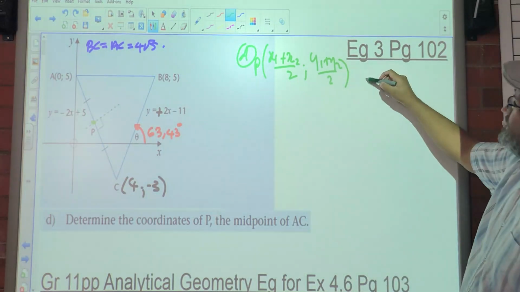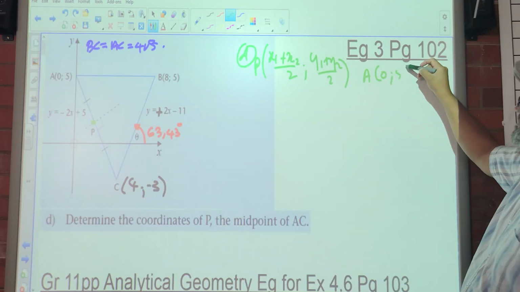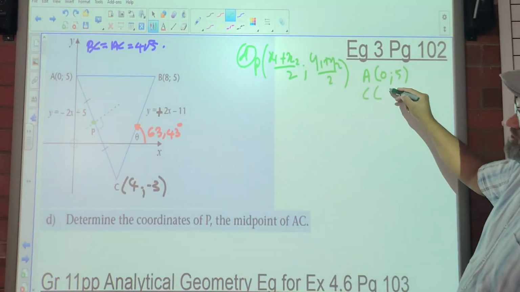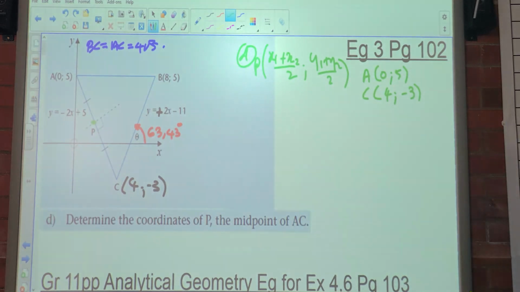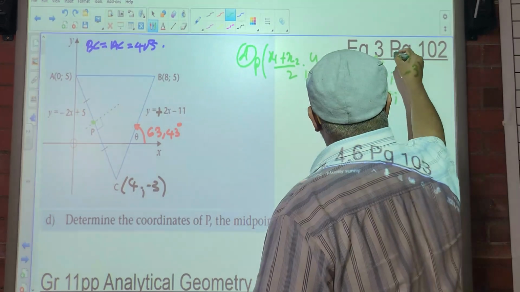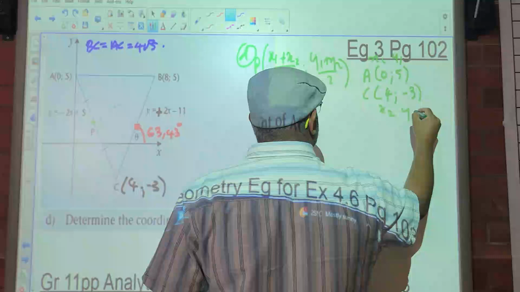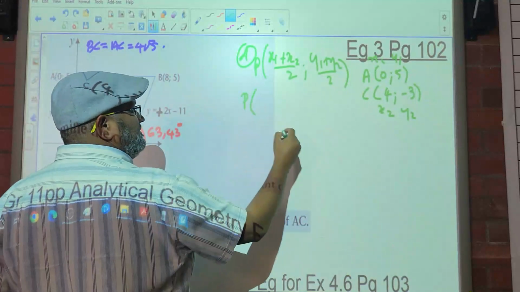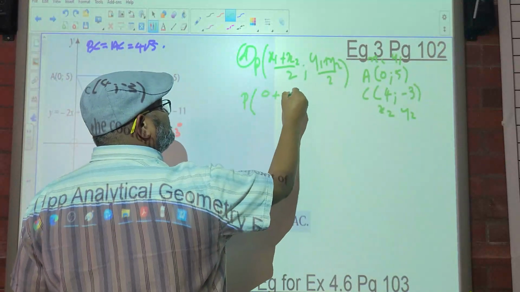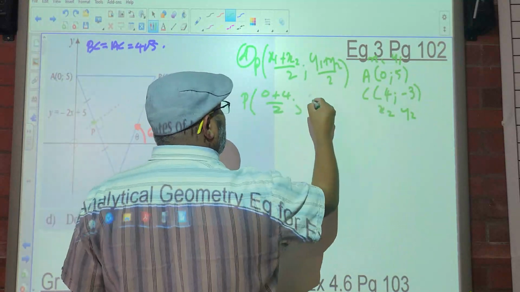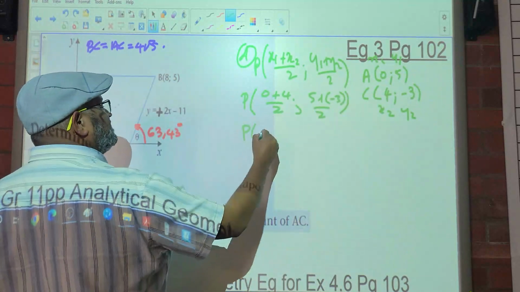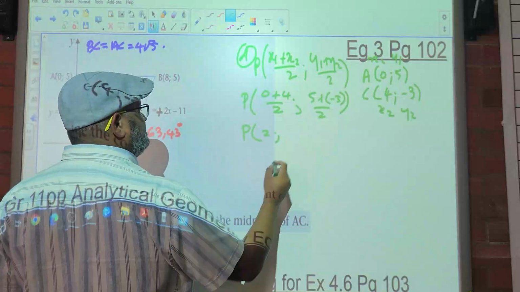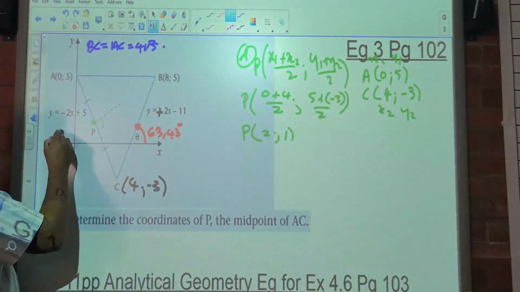So which coordinates do I use? A, which is (0, 5), and C, which is (4, -3). You all agree with that? So if that is x1, y1, this would be x2, y2. So P would simply be 0 plus 4 over 2, 5 plus negative 3 over 2. 4 over 2 is 2, and that is going to be 2 over 2, which is 1.